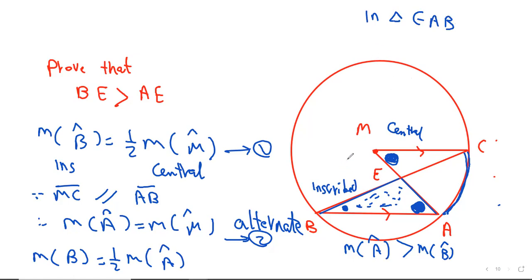The side opposite to the greater angle is longer than the side opposite to the smaller angle. Which side is opposite to the greater angle here? This side. And which side is opposite to the smaller angle? This side here, AE. So we will say BE is greater than AE because we have two different angles, one of them greater than the other.